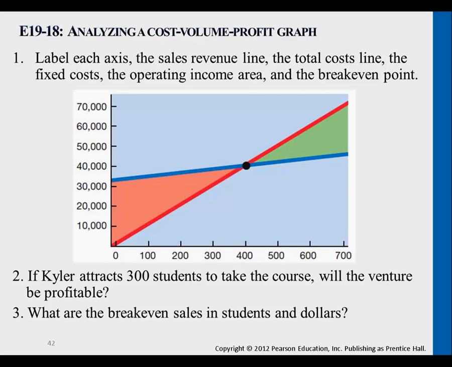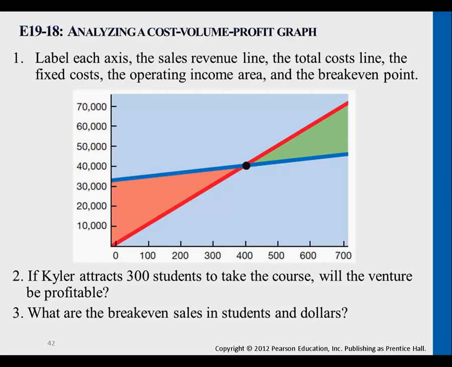The X one. Units or total sales? Okay. What is this one? Okay. Now, what is this? The red one. Sales revenue, right?